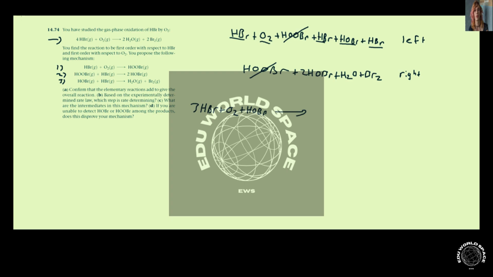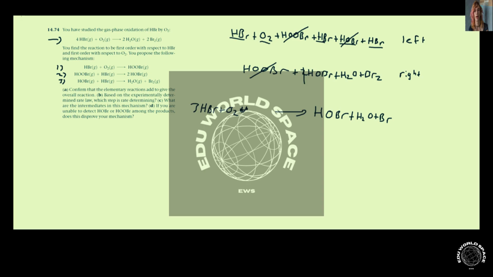Well, this HOBr, let's erase that because we have that HOBr on the right-hand side too, but there are 2 of them, so one of them is going to cancel. So we're only going to end up with 3 HBr plus O2. And on the right-hand side, what we're going to have is HOBr plus H2O plus Br.